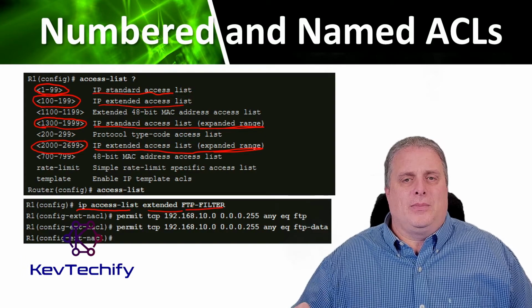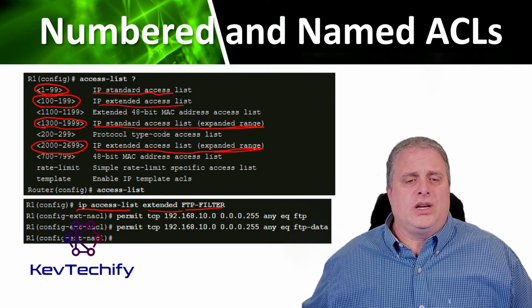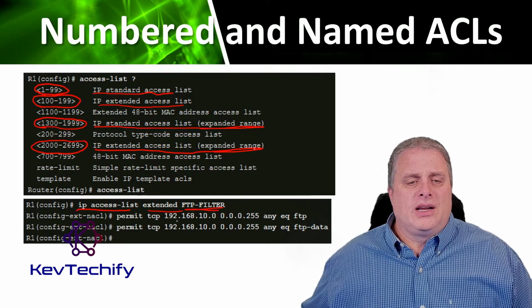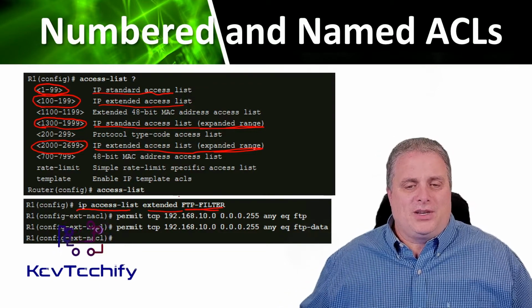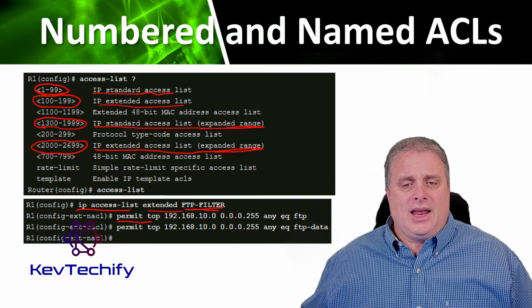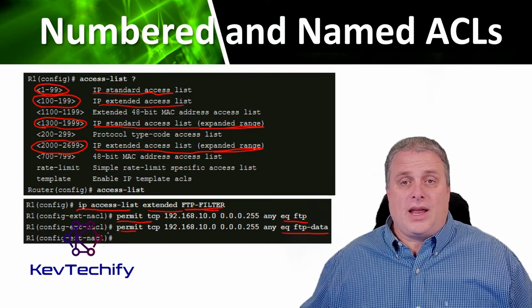This name can be used to identify what that access control list does. Here, it's an FTP filter. We are filtering our FTP traffic. What we're doing is permitting any FTP and FTP data with that access control list.